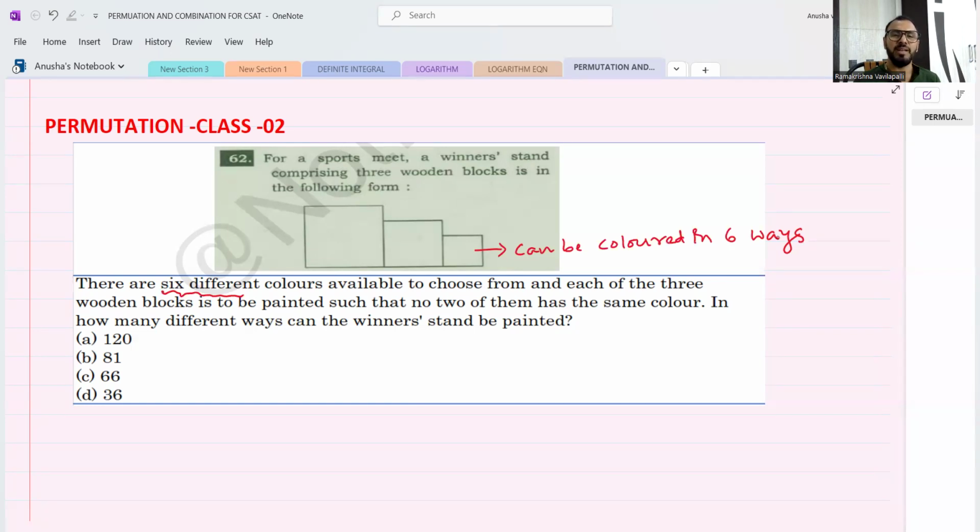Now, after coloring the first block, we have 5 more colors. So the second step can be colored in 5 ways, with the remaining 5 colors.